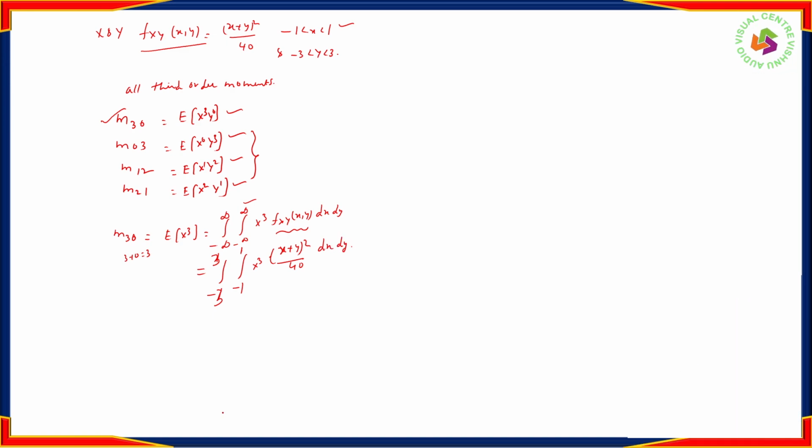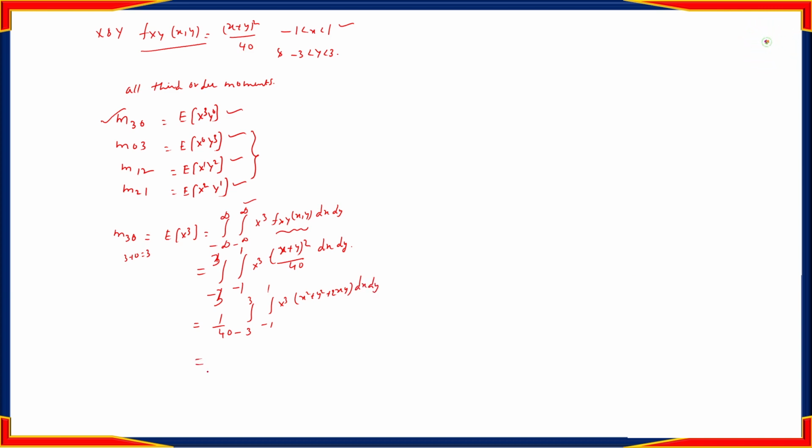Now separate these: 1 by 40, integral minus 3 to 3, integral minus 1 to 1, x power 3 into x square plus y square plus, expanding it, 2xy, dx dy.